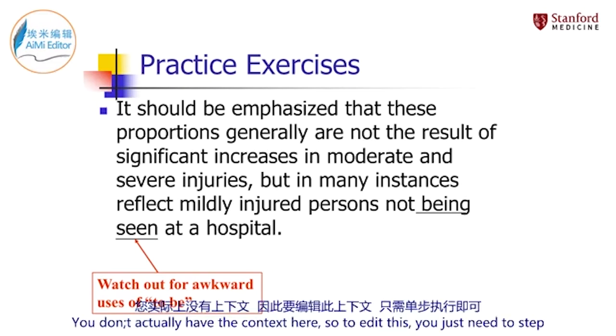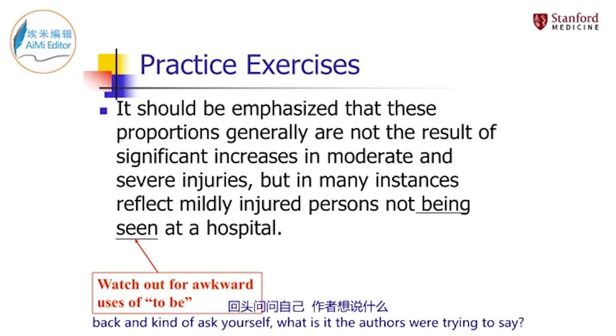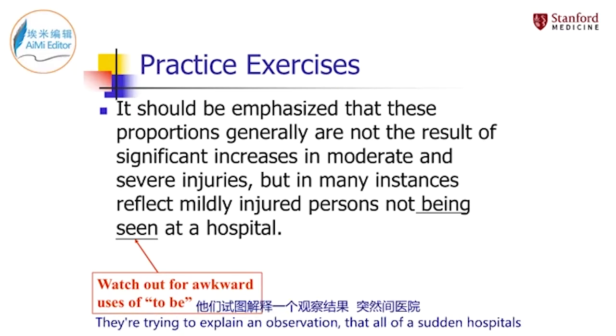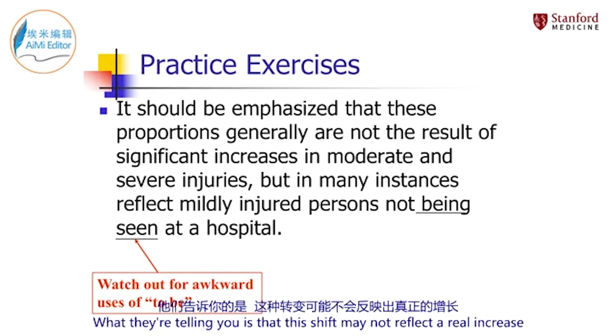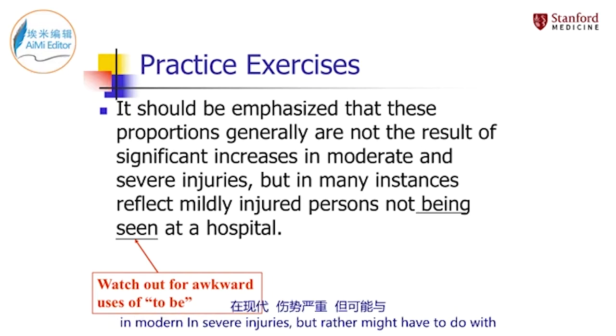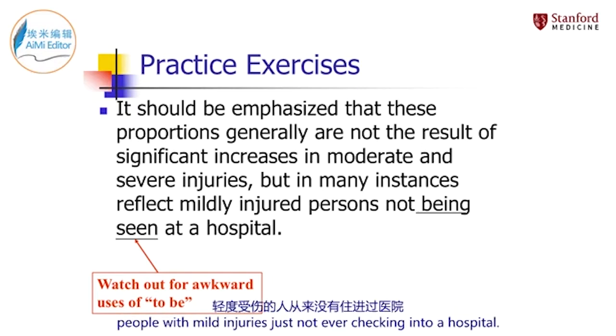You don't actually have the context here, so to edit this, you just need to step back and ask yourself, what is it the authors were trying to say? They're trying to explain an observation, that all of a sudden hospitals are reporting more severe injuries and less mild ones. What they're telling you is that this shift may not reflect a real increase in moderate and severe injuries, but rather might have to do with people with mild injuries just not ever checking into a hospital.